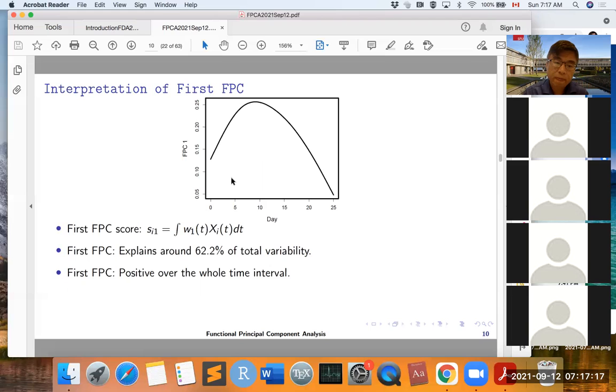So here, this graph shows the first FPC, W1(t), and it explains around 62.2% of the total variability, and it is positive over the whole time period, right?